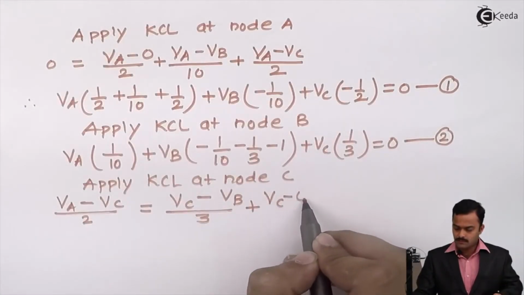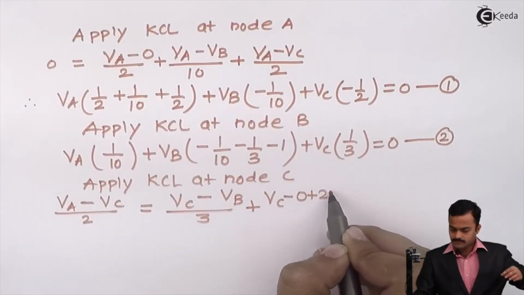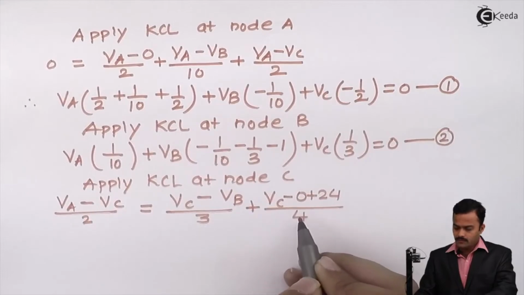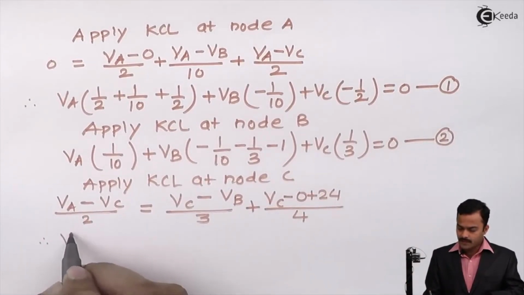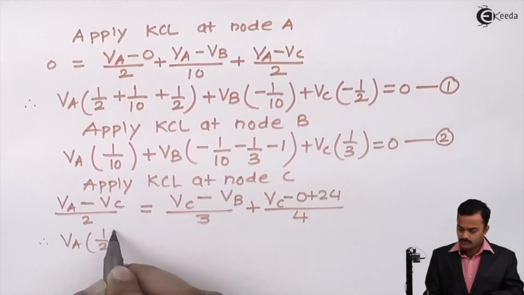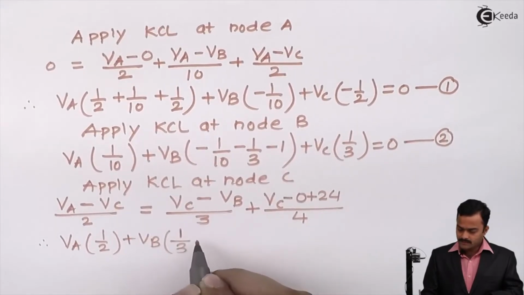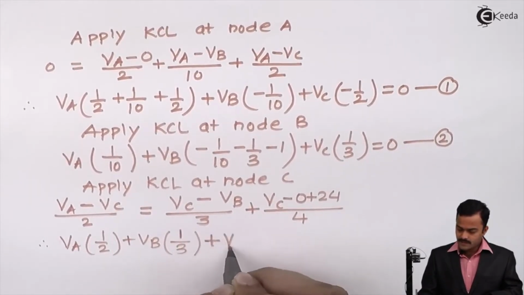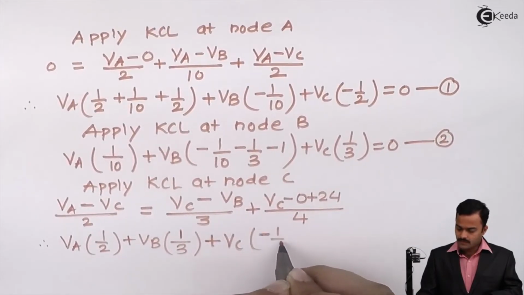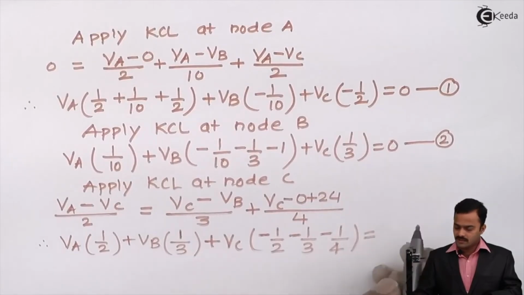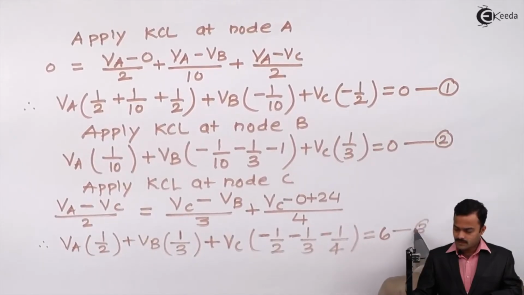So VC minus 0 plus 24 divided by 4. So after rearranging the terms, I am getting VA coefficient is 1 by 2 plus VB coefficient is 1 by 3 plus VC coefficient minus 1 by 2 minus 1 by 3 minus 1 by 4 equal to constant is 6. Equation number 3.